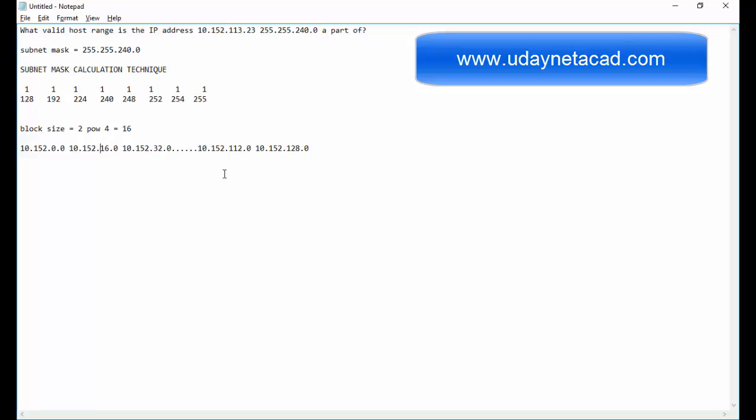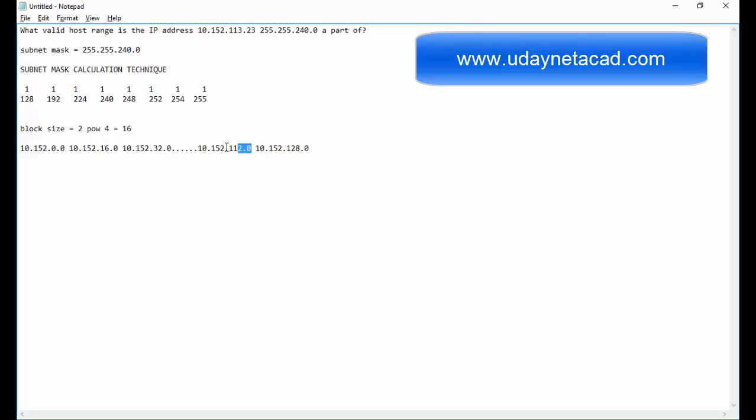Just keep on adding multiples of 16 and you will get to the particular subnet under which the required IP address falls. The required IP address is 113. So we are interested in looking between this network ID and this network ID. It's obvious that this IP address will fall between them.